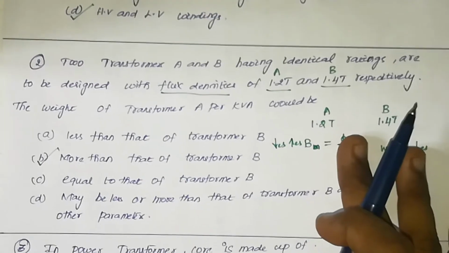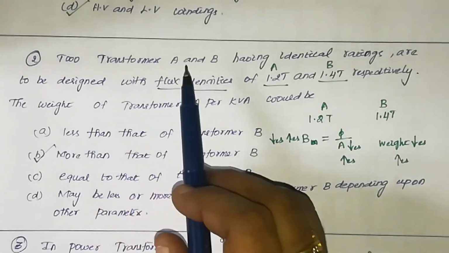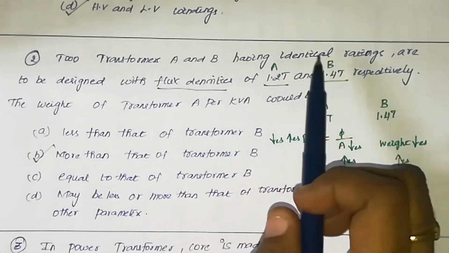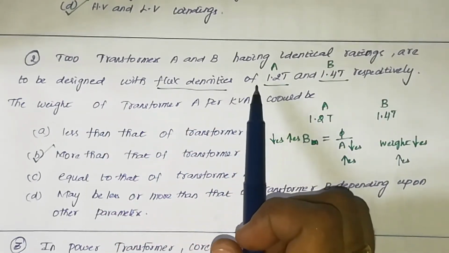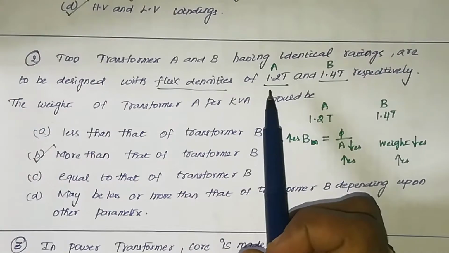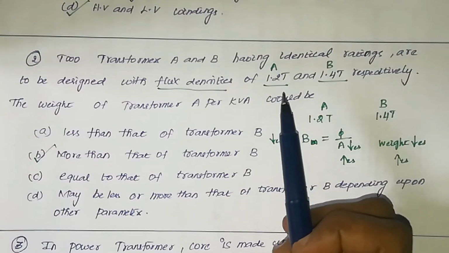Second question: two transformers A and B having identical ratings are to be designed with flux density of 1.2 Tesla and 1.4 Tesla respectively.